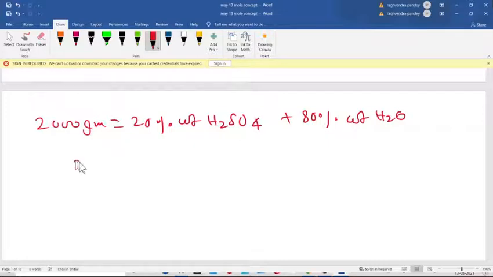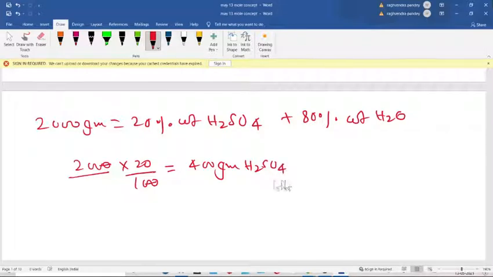Sorry, 20% of 2000. So that will be 400 grams of H2SO4. So moles of H2SO4 is 4.08. Okay. So this is your moles of H2SO4.